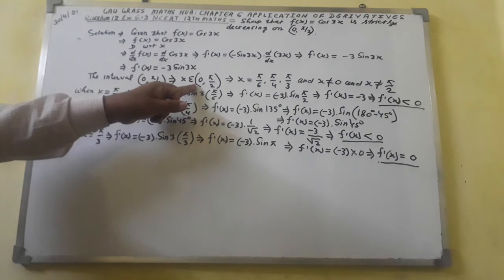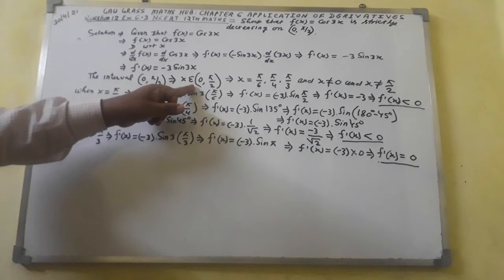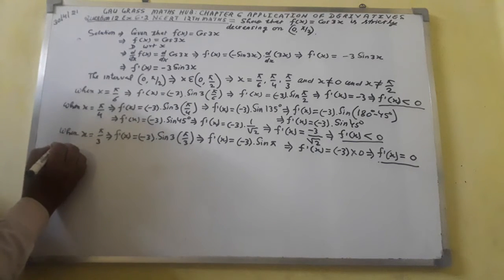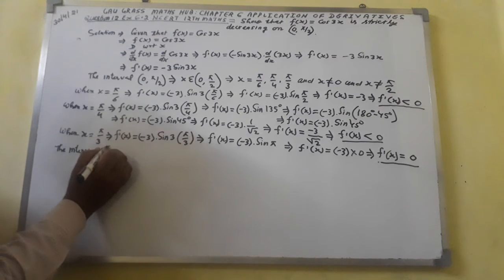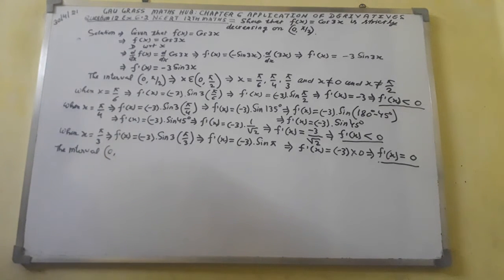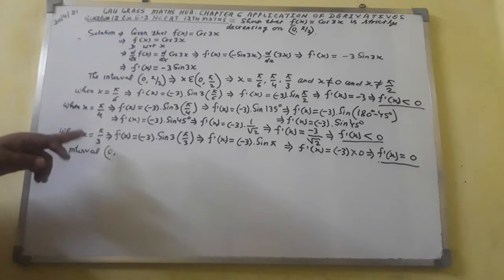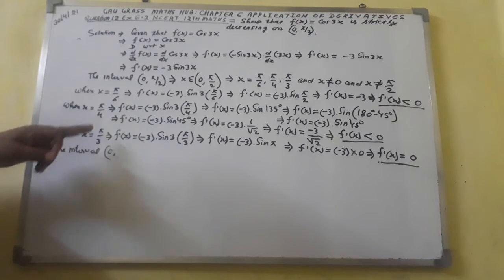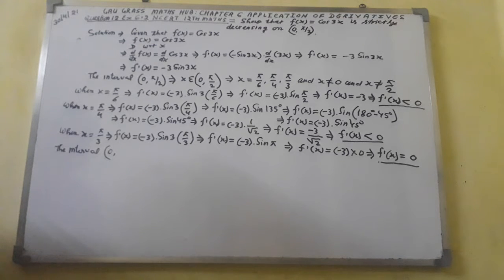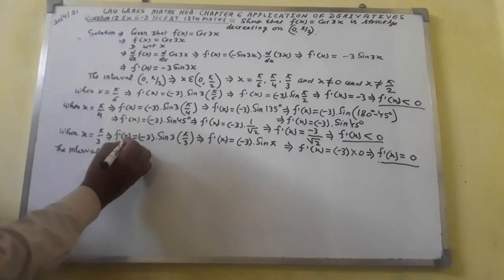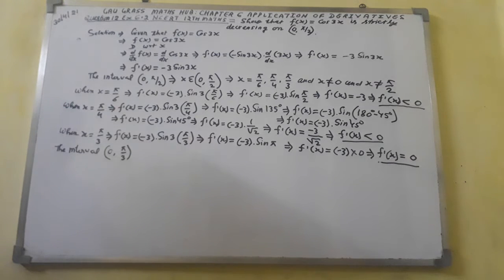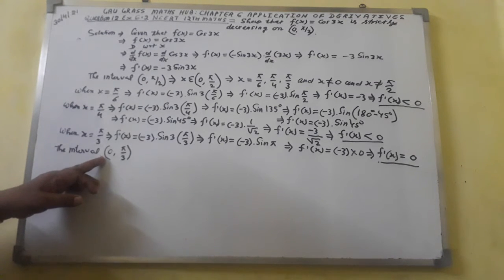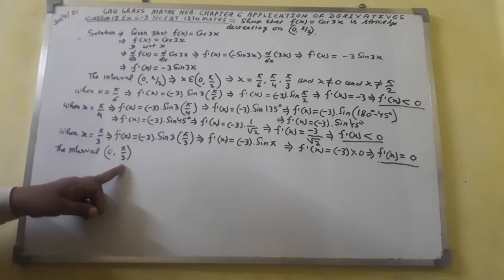Interval I shall take open interval. First of all, I shall take the open interval 0 comma pi by 3. Take here pi by 3, because 0 will not be included and pi by 3 will not be included.